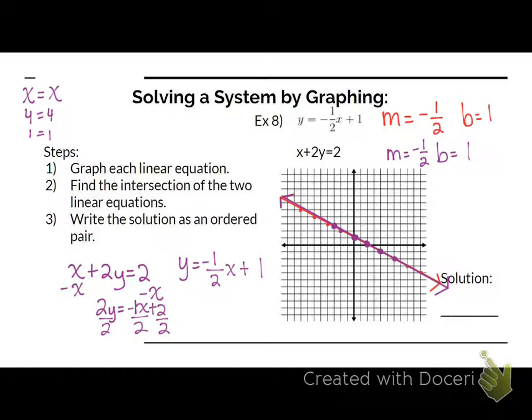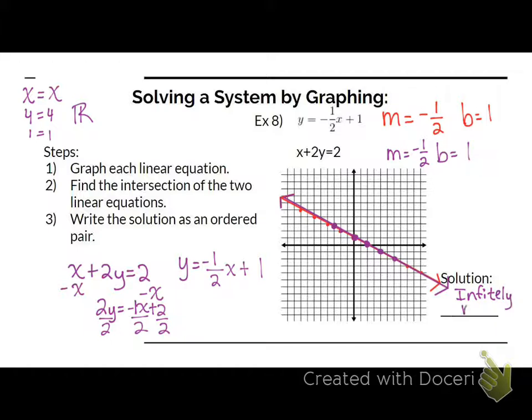Somebody said something that's on the right track here. Is this one of those special ones? It could be either all real numbers or infinite solutions. In this case, we would say all real numbers. But in this case, we would say infinitely many solutions. There are so many points on that line.